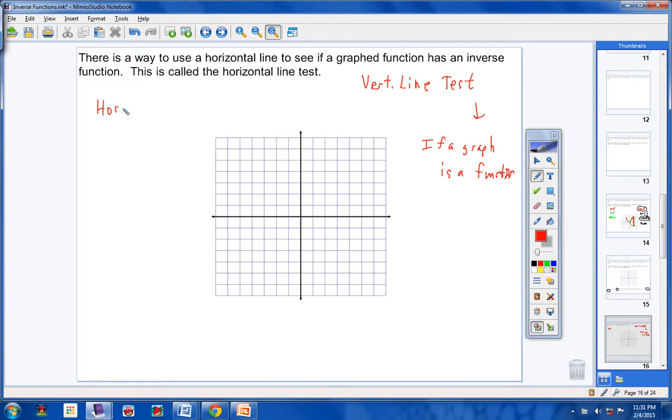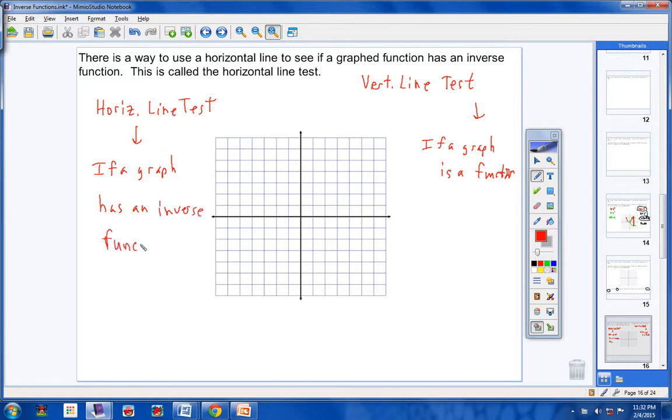Well, let me show you. I'm writing this down, guys, so you don't get confused. So a vertical line test shows you if a graph is a function. A horizontal line test shows you if a graph has an inverse function.